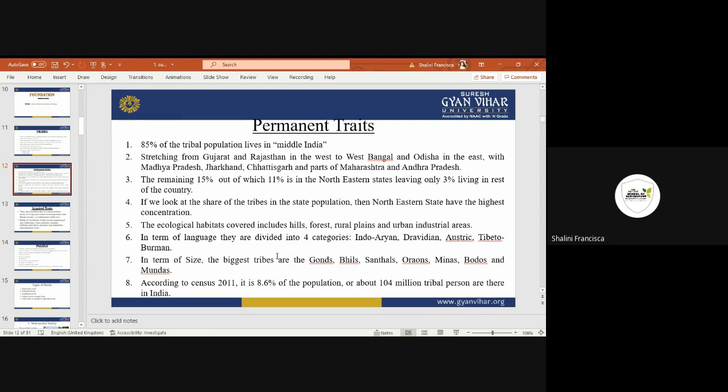And these people are residing in India, and these traits are permanent, meaning by birth, or their great-grandfathers and fathers are following the same thing.